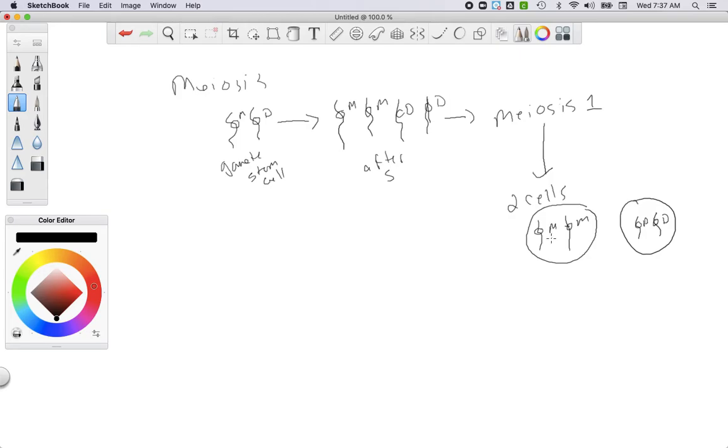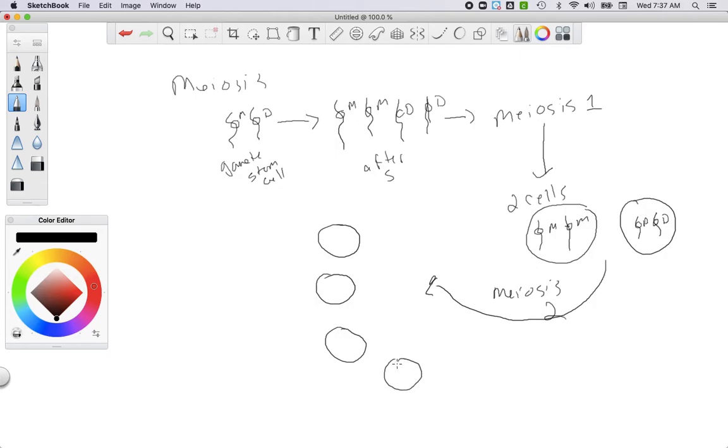It doesn't matter which ones they're in, but in this case we have 2 copies of the M chromosome in this cell, two copies of the D chromosome in this cell, but they're not done. They're both going to go through meiosis 2, and when they do that, we end up with 4 gametes.